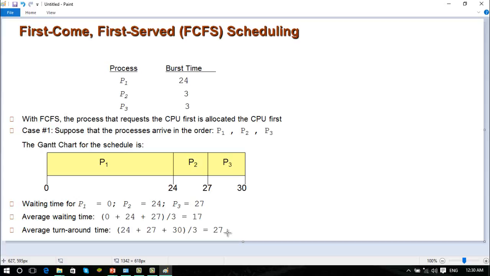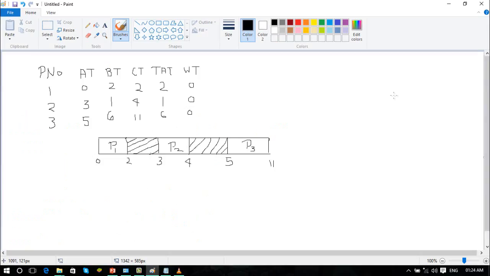One thing you should be careful about when working with this scheduling algorithm is that you might not schedule all the processes continuously; there might be some gaps in the Gantt chart. For example, let's say the processes are like this: process number, arrival time, burst time.